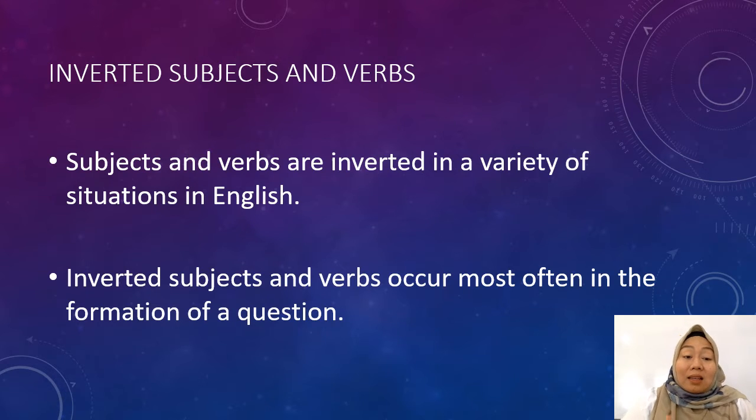Meaning that usually the subject comes first followed by the verb, but if it is inverted, then the verb comes first and then is followed by the subject. That is what is meant by inverted subject and verb, and it mostly occurs in the formation of a question.